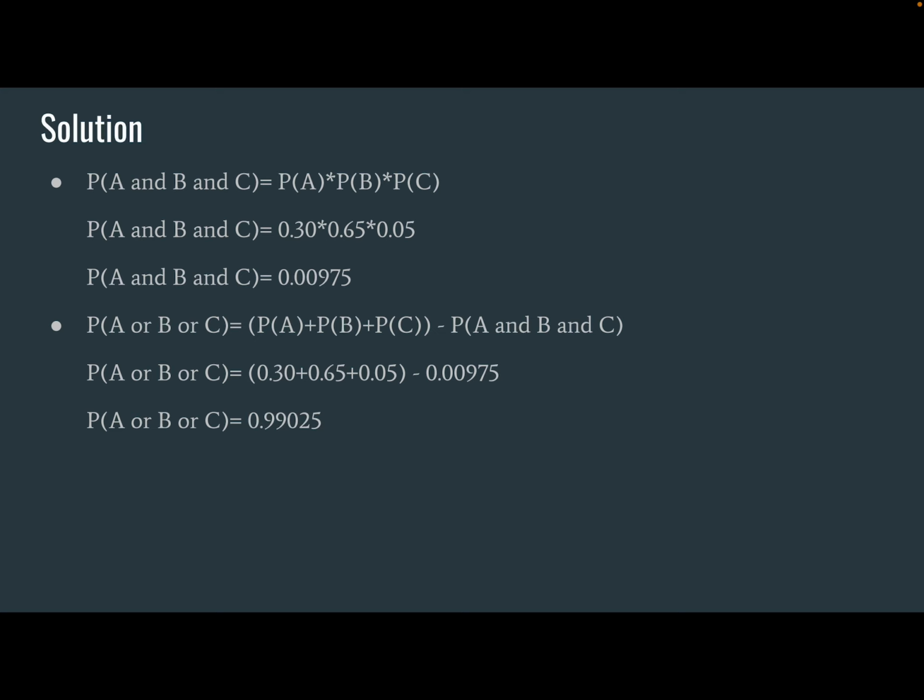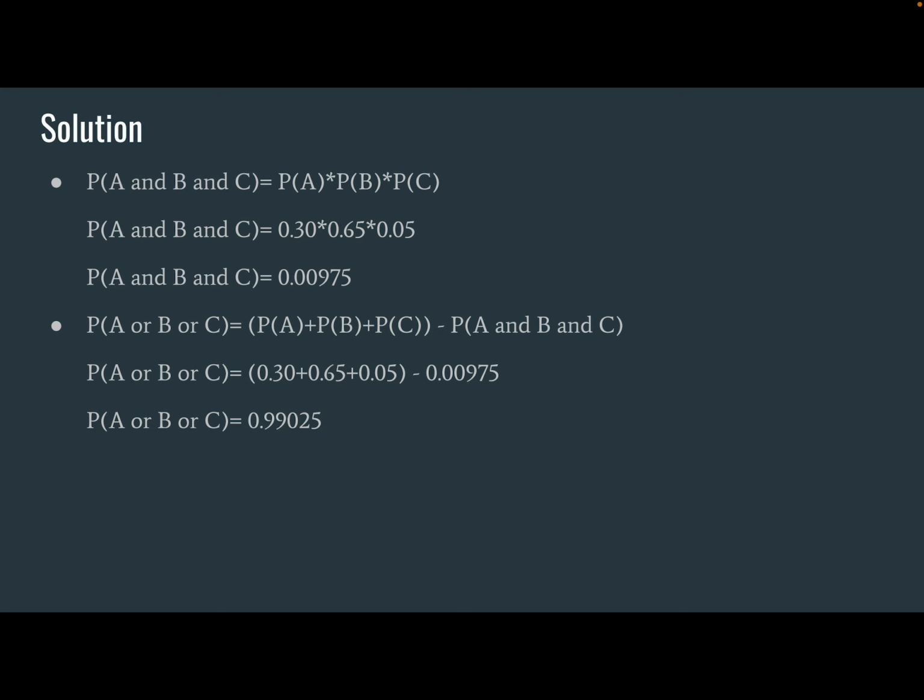And now for the second part, we are dealing with a union probability, because we want to know the probability of at least one event happening among all three events. So this will look something like the sum of probability of A, probability of B, and probability of C all summed up together, and that sum will be subtracted by the probability that we calculated earlier, which is probability of A and B and C, which was 0.00975.